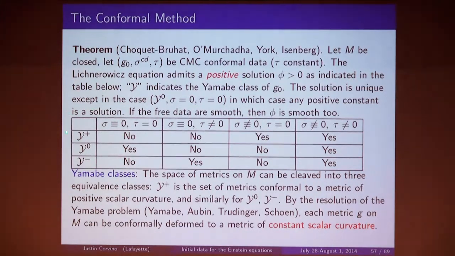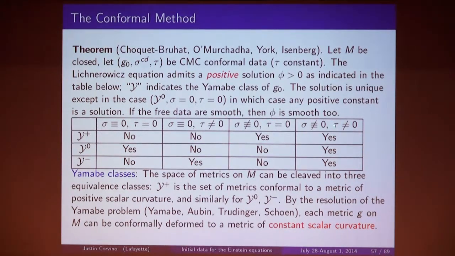If and only if, and the yeses and nos are as marked in this table. We'll talk about that in a minute. The solution is actually unique except in one case, where it admits constant solutions. Let me explain what the y's are. Well, of course, let me explain the easy part.